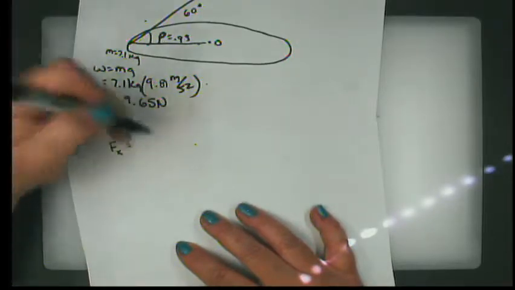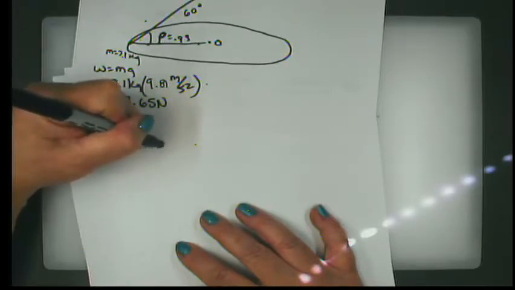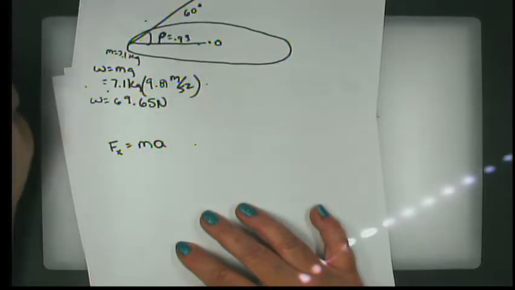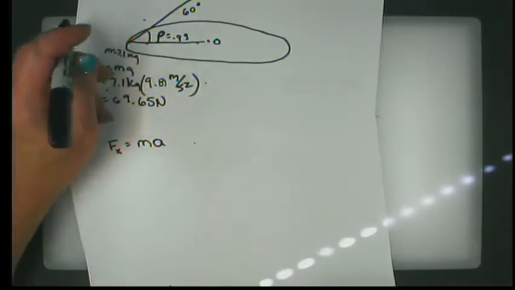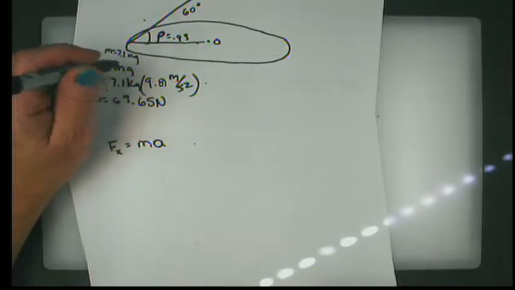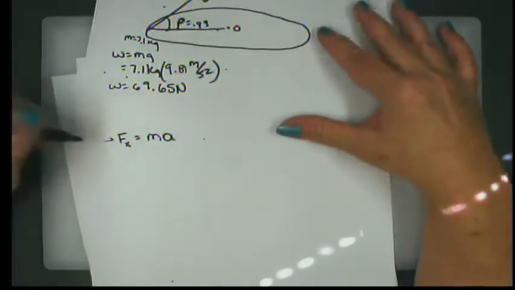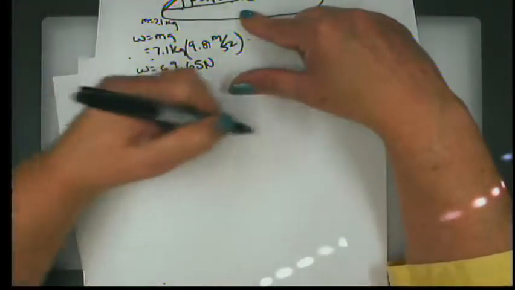Now, in this particular case, that's going to equal the mass times the acceleration. This time, the acceleration is going to be part of the acceleration that's in, how do I want to think about that? All right. So the force in the x direction is going to be that component of the tension.